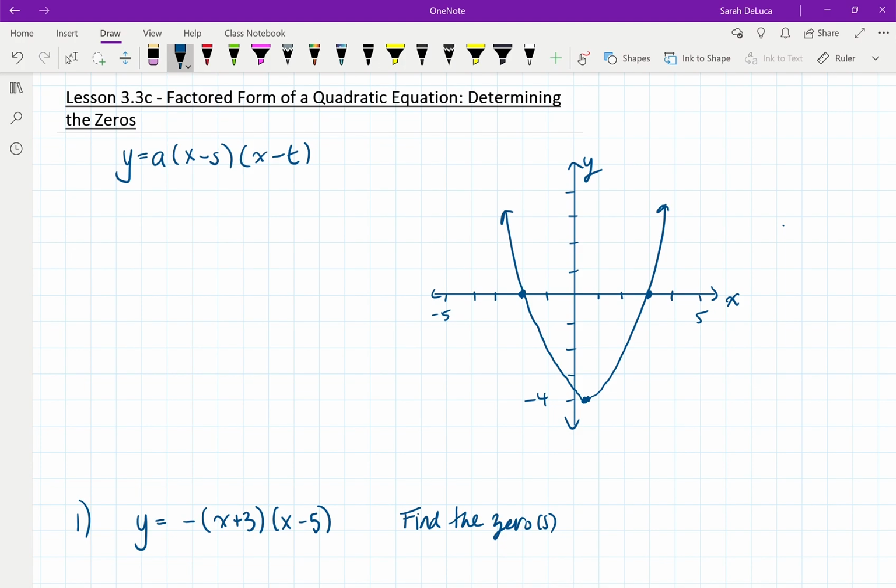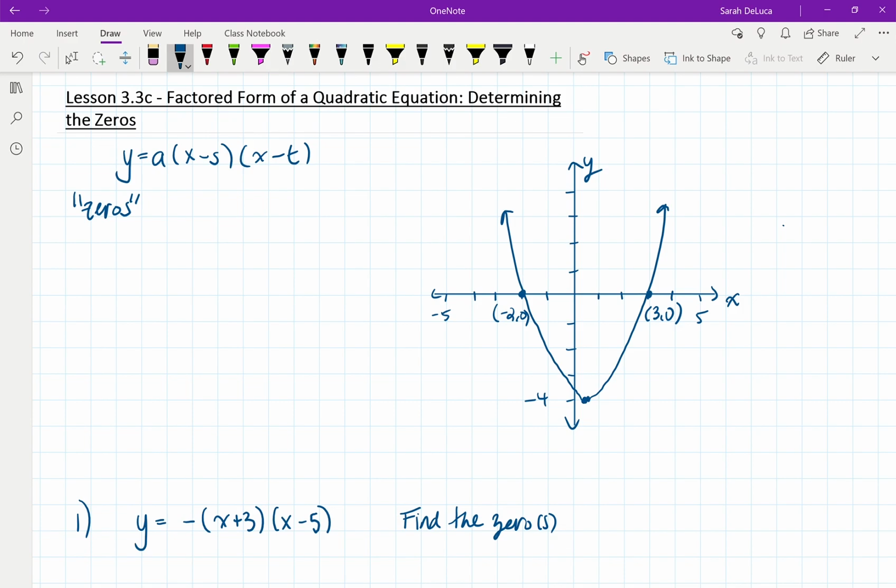So the first thing we need to recognize is, why are they called zeros? They're called zeros for a reason. So I've got a graph over here, and I'm going to label the coordinates of the x-intercepts, or the zeros. So I've got one here. This is at (3, 0). And I've got another one here at (-2, 0).